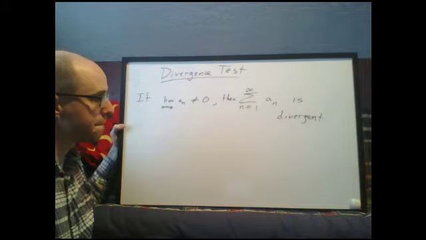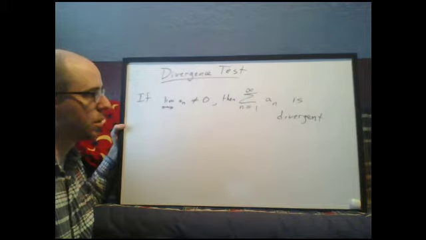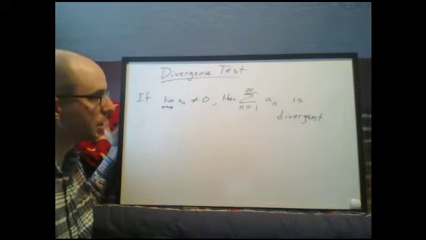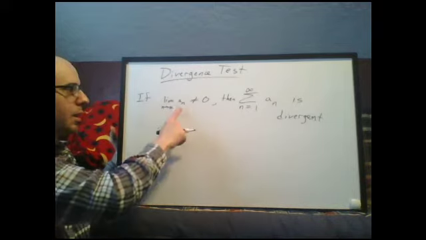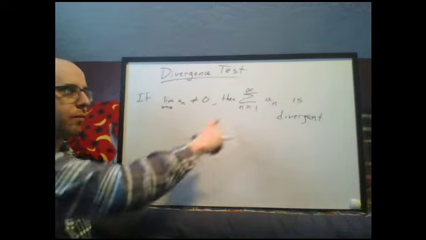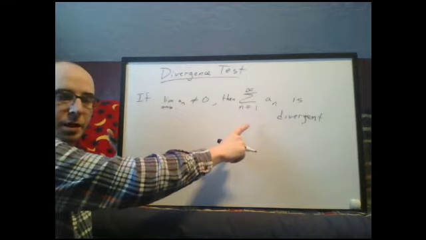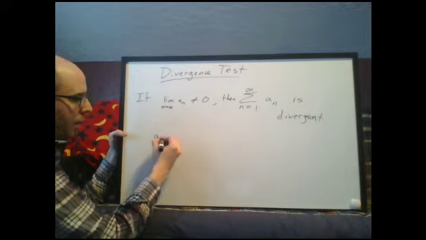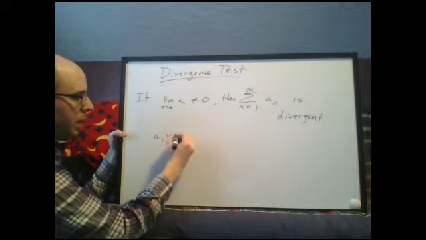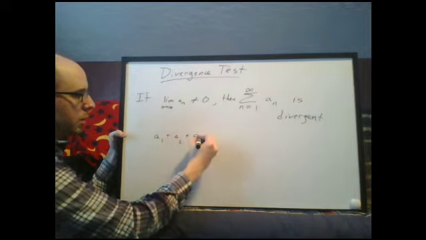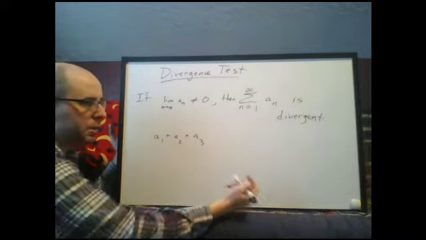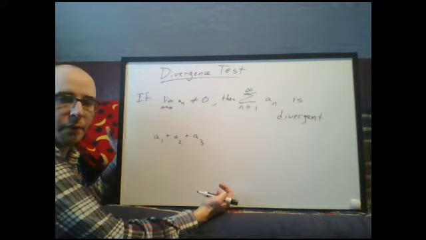Okay. Now the idea here is, if I want my partial sums to level off, I just think about constructing this one term at a time. I have a_1 plus a_2 plus a_3. As I add more and more terms, I want this total to level off.